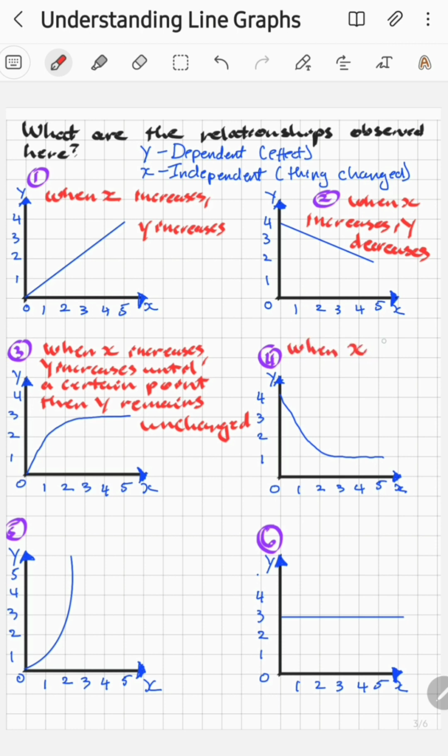When x increases, y decreases because we're going down until a certain point, then y remains unchanged.